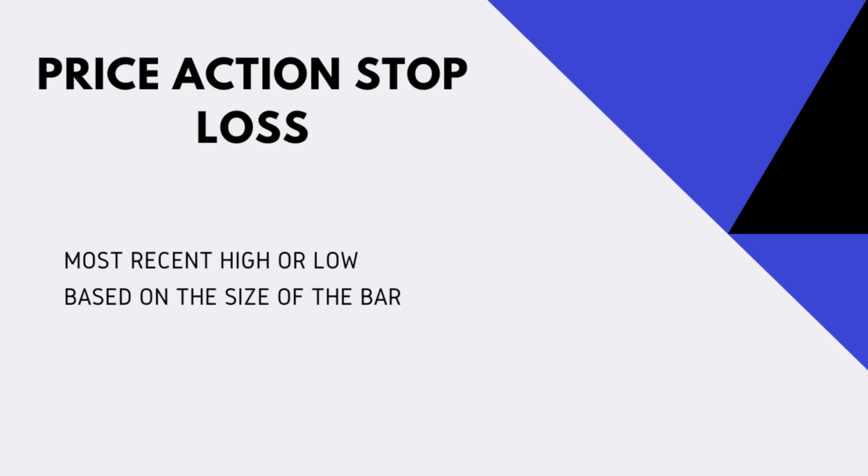So basically your risk is smaller compared to the stop loss that I mentioned previously, because if you take into consideration a recent swing, usually it's 3 or 4 times bigger than the size of the recent bar. So you're risking more if you're using a stop loss order based on the recent swing.